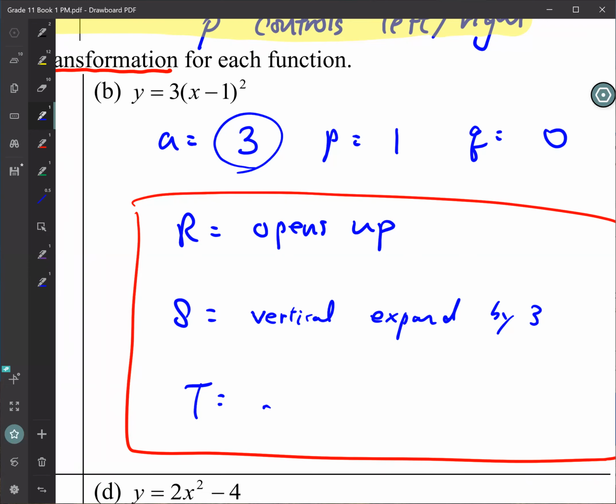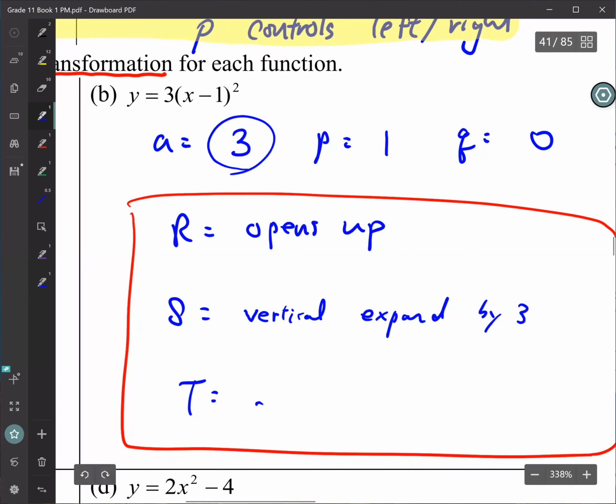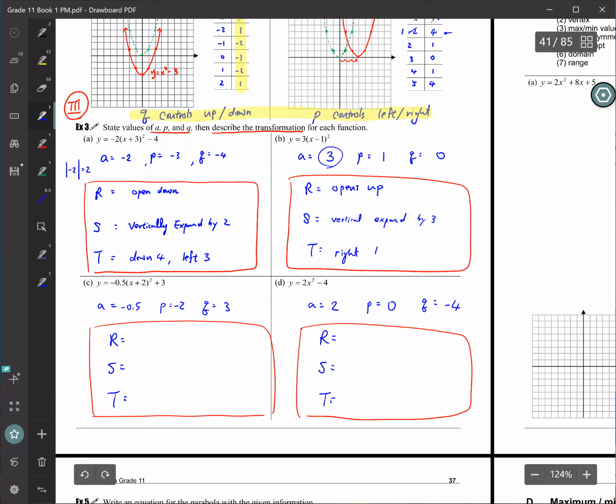I think I got this wrong. Yeah, it moves right by 1. Yep, very good. P is 1, so you move right by 1. Okay, next, last one.